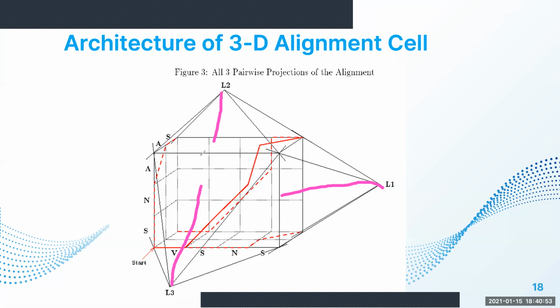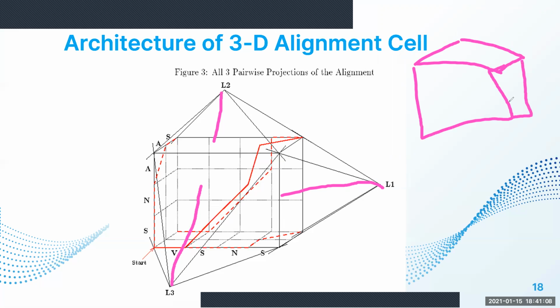Right, so try to imagine this thing. It's the same as the 2D plane, but here we have a 3D cube. That's the difference. I'm not good at drawing things, but try to do something like this. In 2D we are working on some kind of a plane, but in 3D alignment, if we have three sequences, we are working in a 3D space.